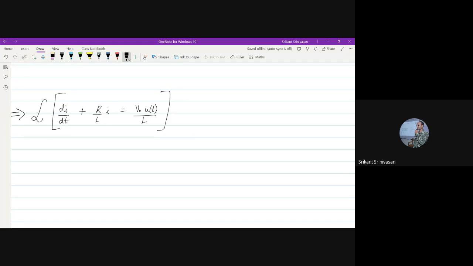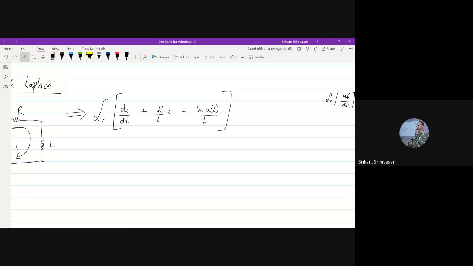So the Laplace transform of df over dt is equal to s F of s minus f of 0. Okay, so what is this equation going to be now? Can you read it out for me?